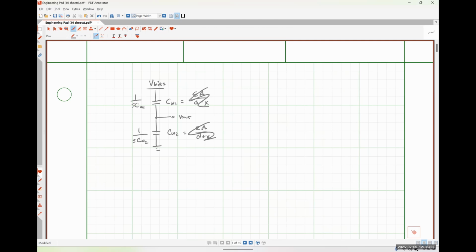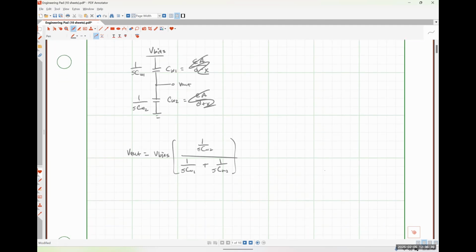Then our voltage division relationship is going to look like V out is equal to V bias times 1 over S CW2 over 1 over S CW1 plus 1 over S CW2. So let's do it this way. Sorry, that should be a 2 there.